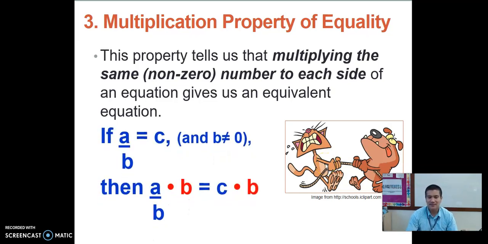So if A over B equals C, always remember that in a fraction, if the denominator is 0, there is no solution, so it says here non-zero. You multiply by a non-zero value: A over B times B equals C times B. Whatever you multiply on the left side, you multiply on the right side.